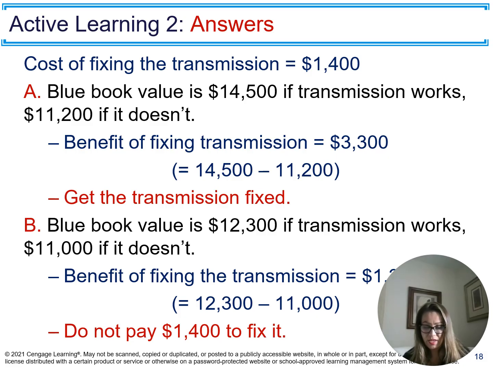Let's explain. For scenario one, the Blue Book value, what you could get for the car, is $14,500 if the transmission works, and $11,200 if it doesn't work. In the second scenario, the Blue Book value is $12,300 if the transmission works, and $11,000 if it doesn't work.